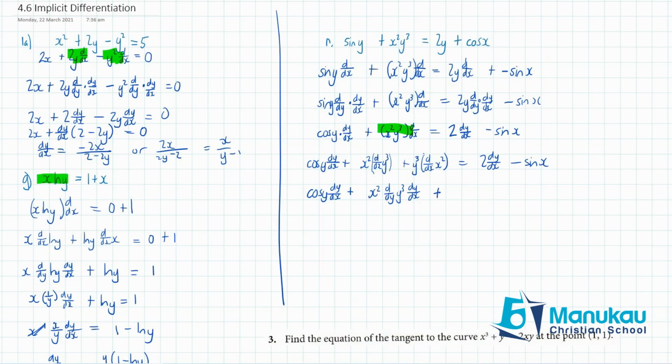Okay, now the next one is easier because I can straight away differentiate that x squared, which becomes 2x, so I'm just going to go 2x, that's a bit messy, isn't it? I'll go 2x, and then I've got that y cubed there, equals 2 dy dx minus sine x.